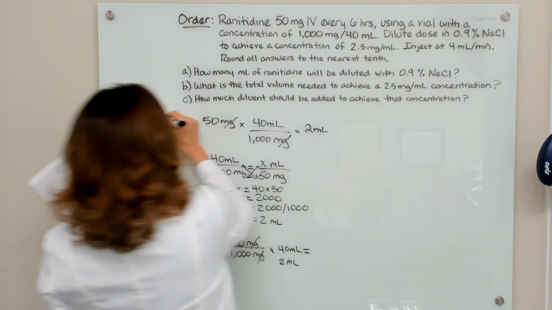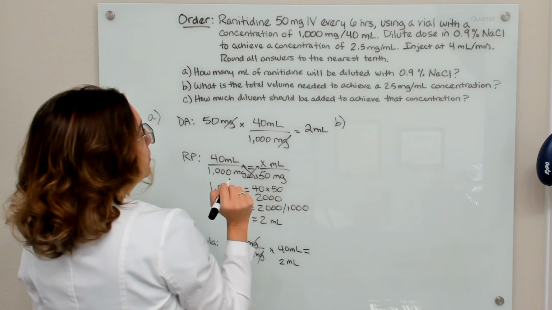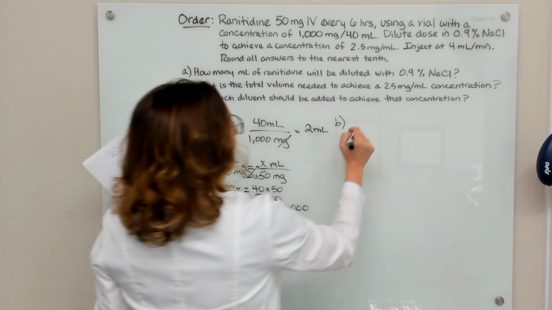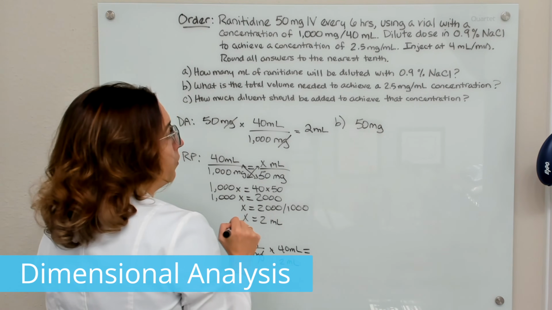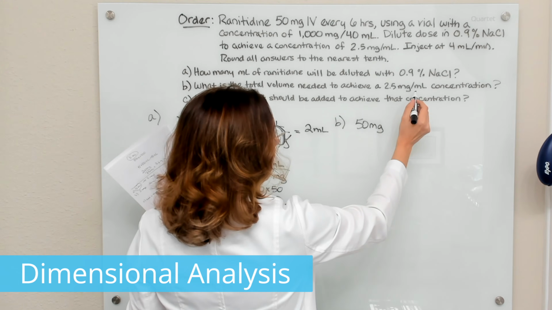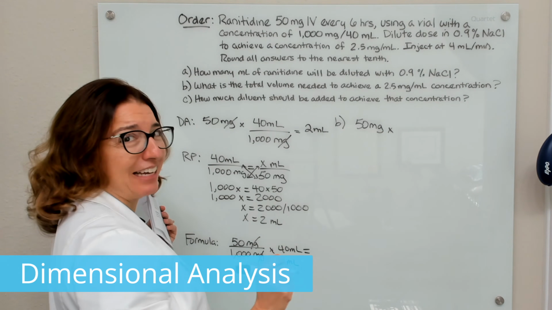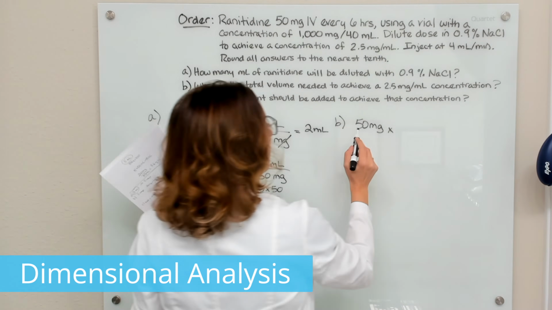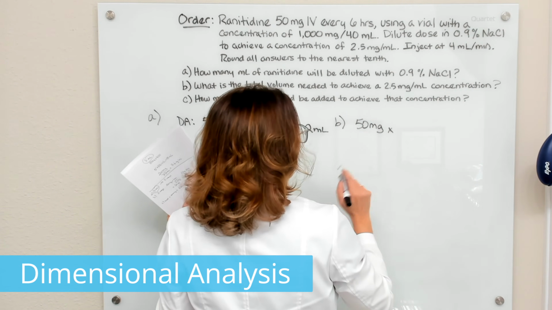So this was part A over here. Now we're going to do part B. So for part B, our dose is 50 milligrams, and we want to achieve a 2.5 milligram per milliliter concentration. So we can figure out how many milliliters that's going to take to achieve that concentration by multiplying the dose times that desired concentration.